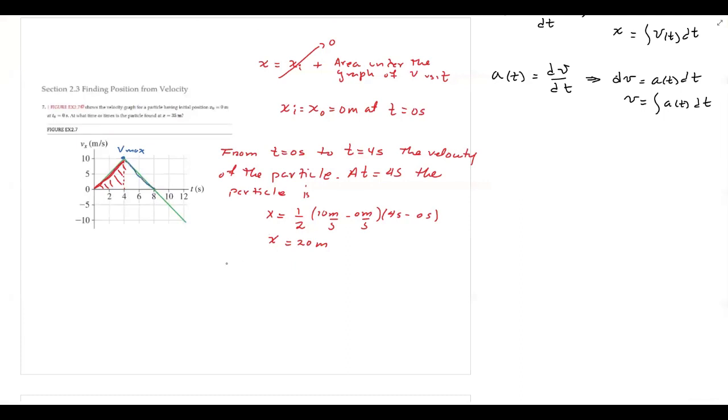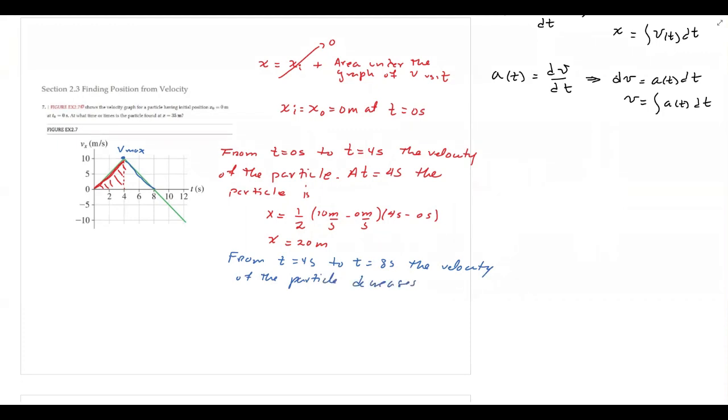So now I know that from t equals 4 seconds to t equals 8 seconds, the velocity of the particle decreases.